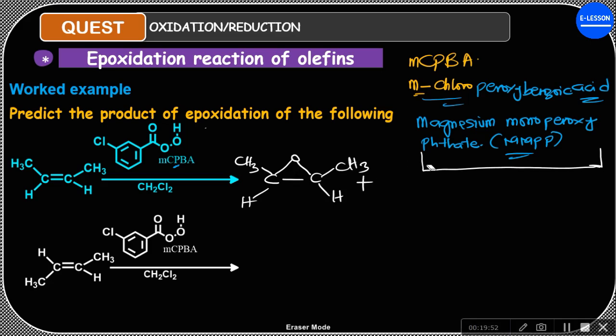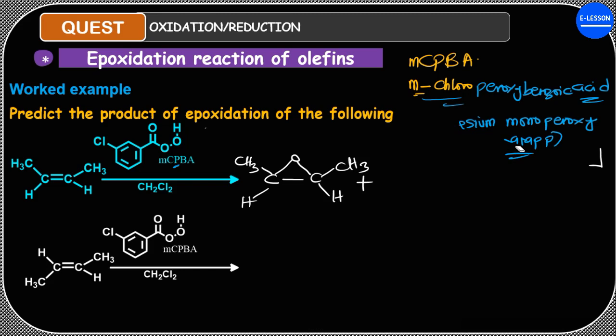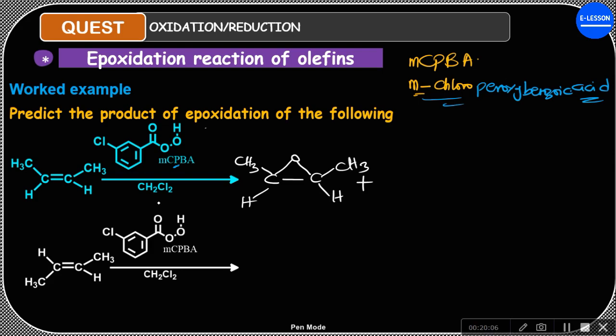Plus the m-chloroperobenzoic acid. But now, since we are talking about the product, what will be there is just m-chlorobenzoic acid, because one oxygen has been used to epoxidize the alkene.